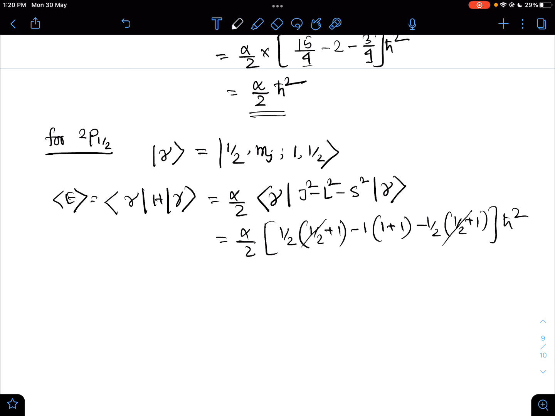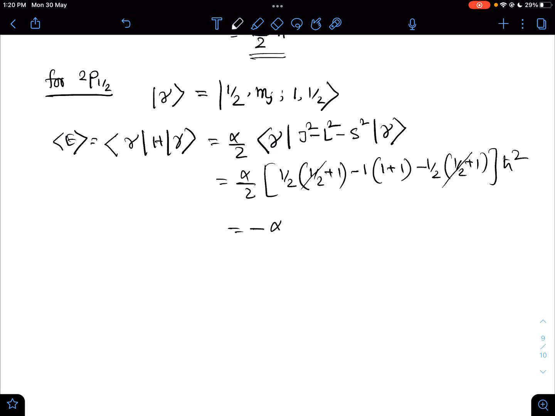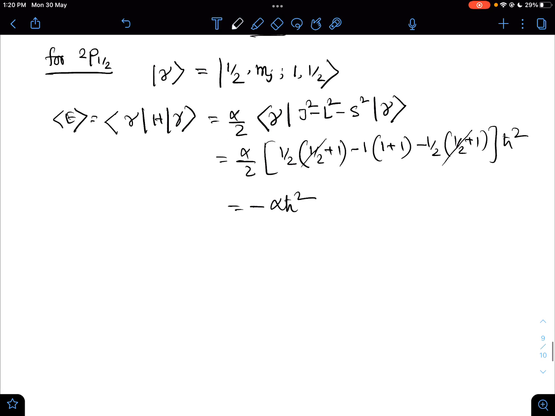These two terms cancel out, and we have minus αħ². So this is our energy for 2p 1/2.